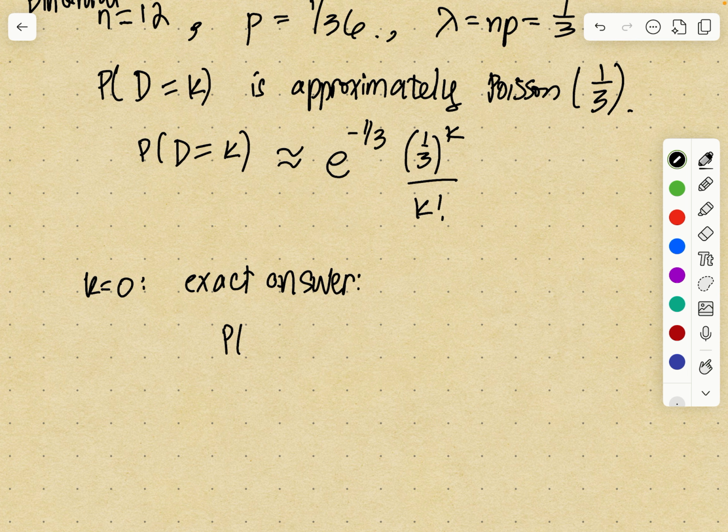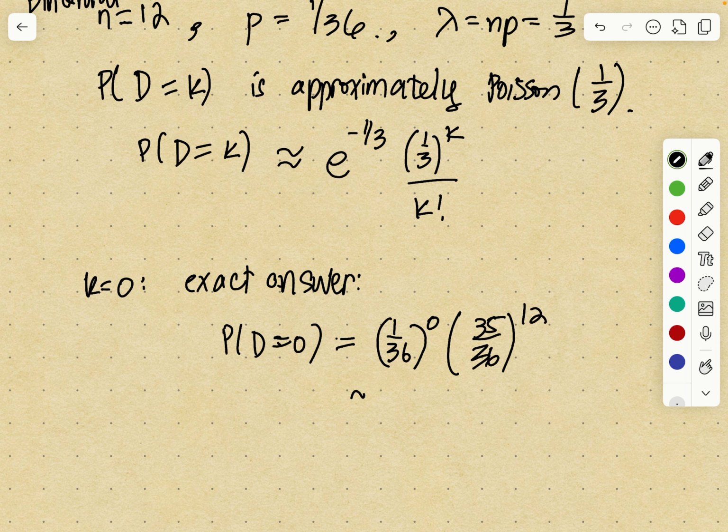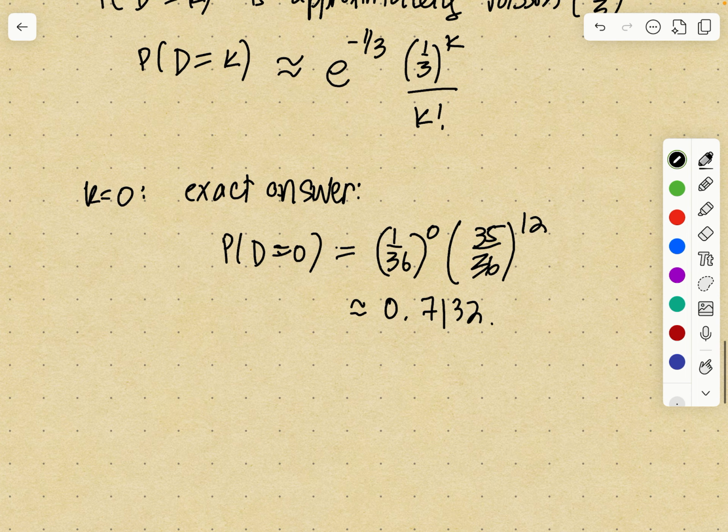So the probability that D is 0 is 1 times (1 over 36) to the 0 power, times (35 over 36) to the 12th power. The exact answer is (35/36) to the 12th power, and that ends up being approximately 0.7132.